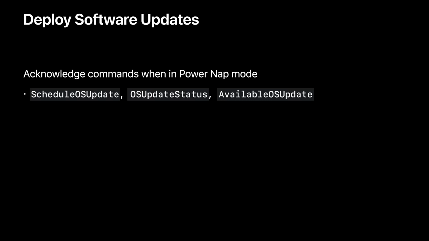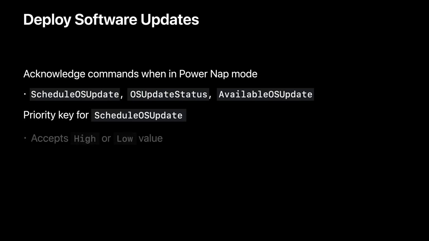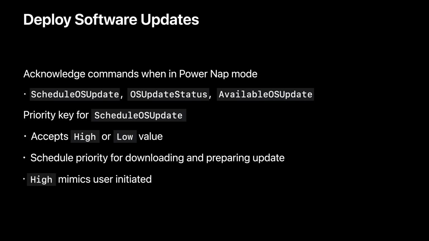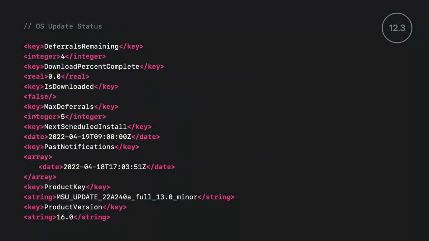Since we also understand that sometimes administrators want an OS update as soon as possible, we've introduced a new key called Priority, sent via the Schedule OS Update command. Accepting a string value of High or Low, it controls the scheduling priority for downloading and preparing the requested update. Sending the command with a high priority will mimic as if the user had requested the update themselves in System Settings. Note that this key is only supported for minor OS updates.